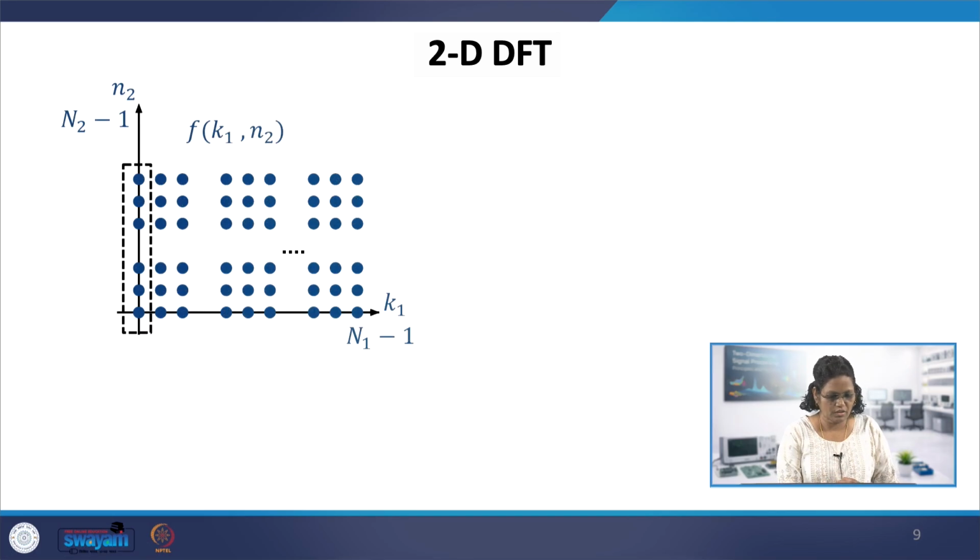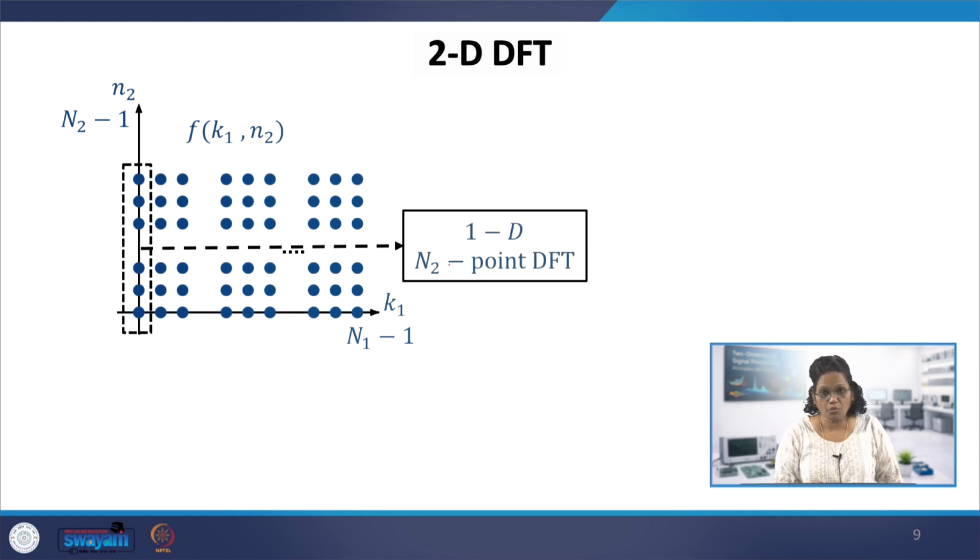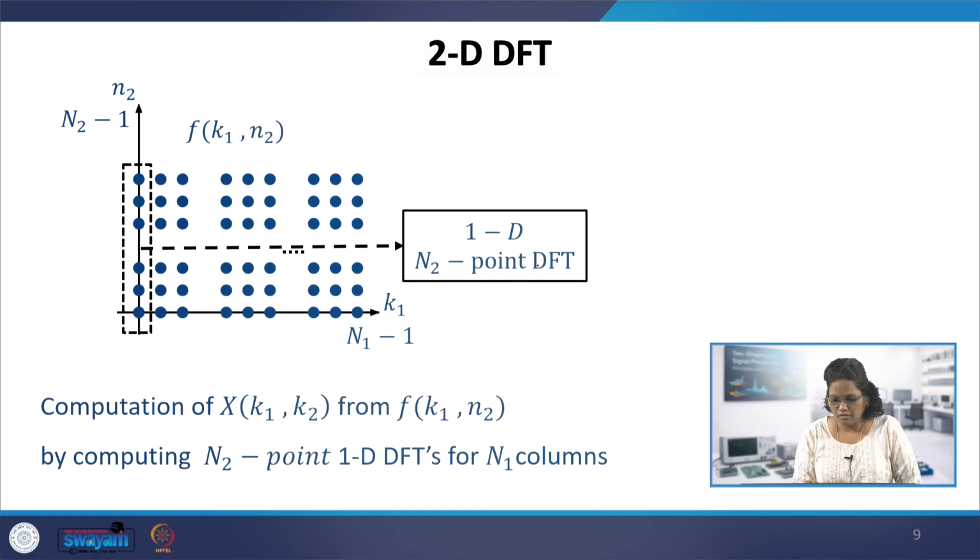From the sequence f of k1 comma n2 that we got row-wise, take a column and compute the 1D n2 point DFT, giving x of k1 comma k2 for each column of f of k1 comma n2. For all n2 values, you need to calculate.